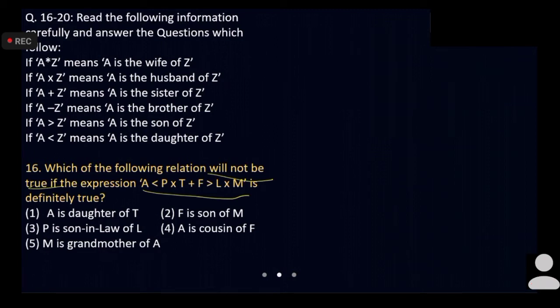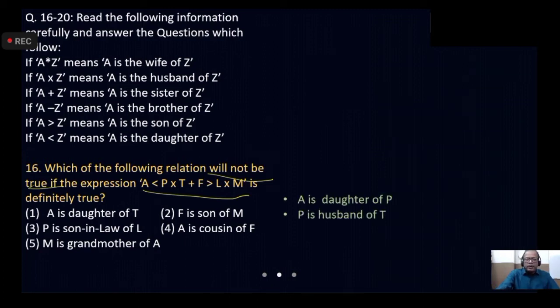Second one is P into T. That means P is husband of T. You first decode them. I'm sure you might have done by this time. So A is daughter of P, P is husband of T, T is sister of F. Like this, you're going to get.